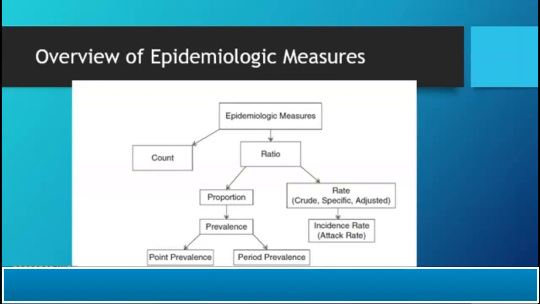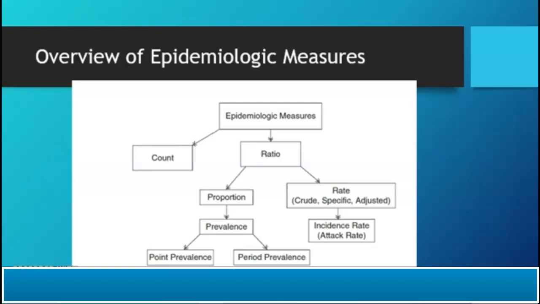At the simplest level, you can count the number of individuals that have a certain disease, and then go from there. However, logically, ratios make more sense because you're able to compare certain measures if there's a ratio.